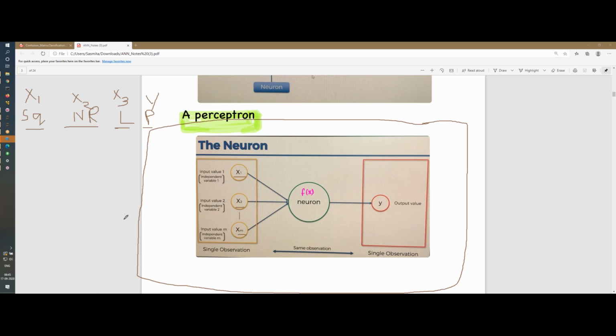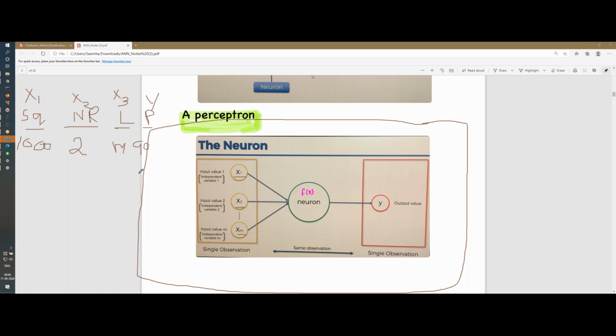So this is my data. Take the first row: a 1000 square feet house, a 2 BHK, so number of rooms is 2, locality is, let's say, Marathahalli, and the price of this house is 90 lakhs. So this is my first row.